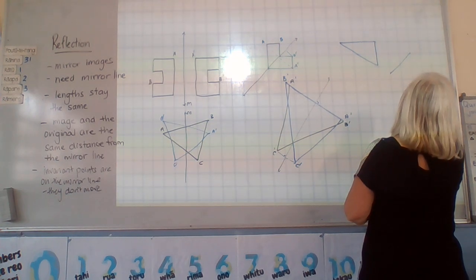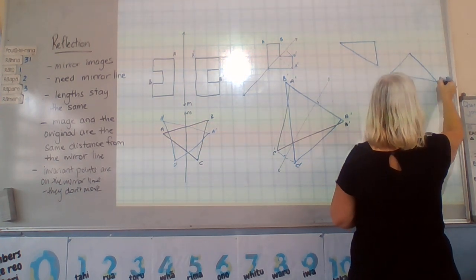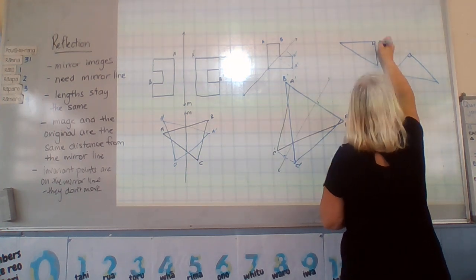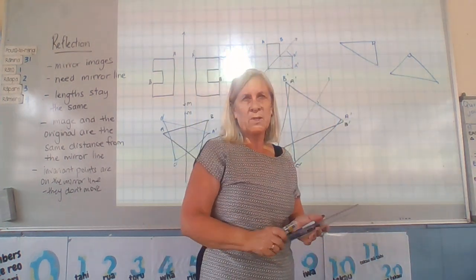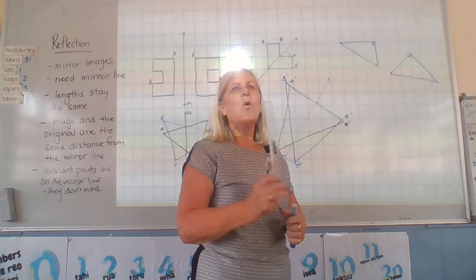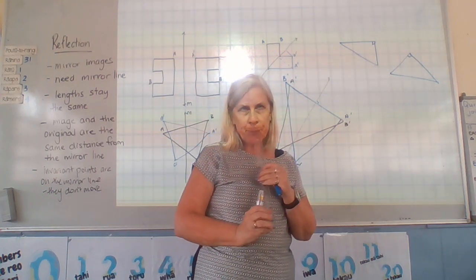It's hard to figure out, really. Okay. How do I find the mirror line? What is the method for finding the mirror line?